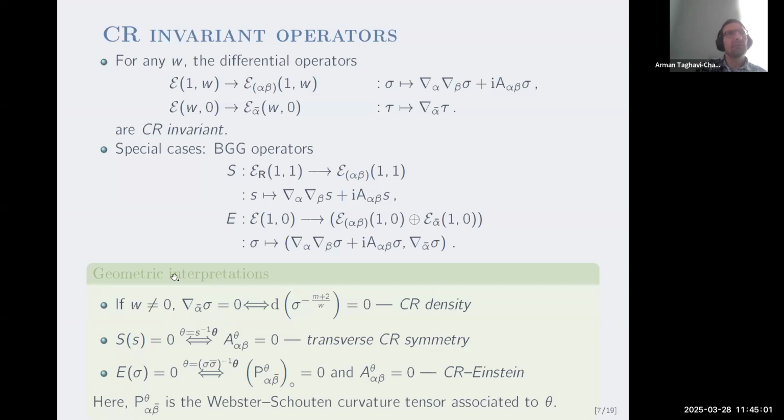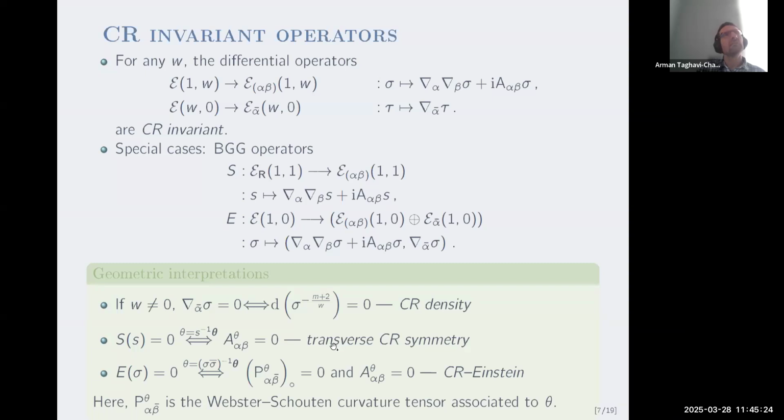For the second operator, if I have an element of its kernel, then this S, my density of weight (1,1), determines the contact form. And with respect to this contact form, the Webster torsion vanishes.